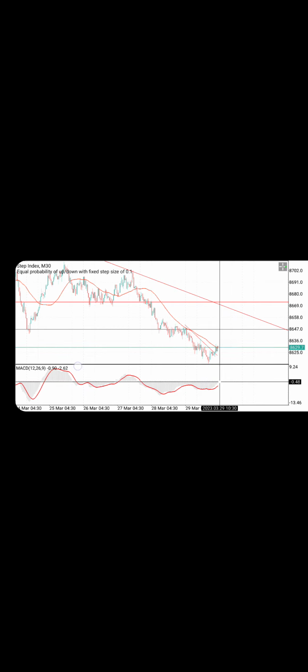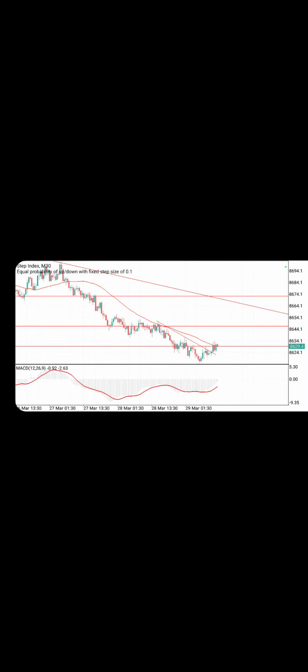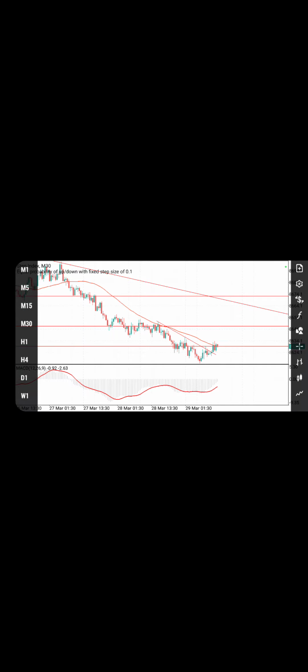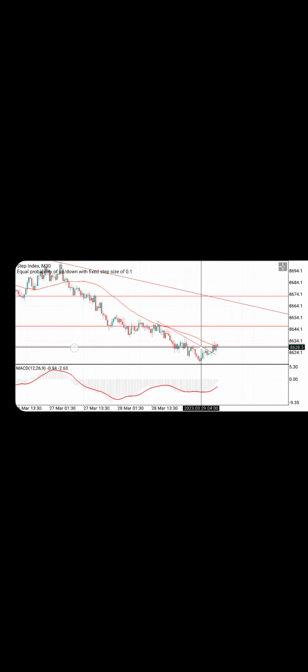Right, again on the MACD 30-minute time frame, it's not yet above the zero level, but this red moving average has crossed below the MACD. Let me zoom this out. If you check out here, guys, what are you seeing?